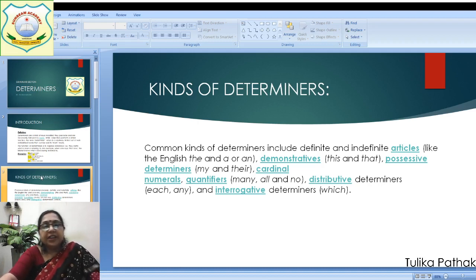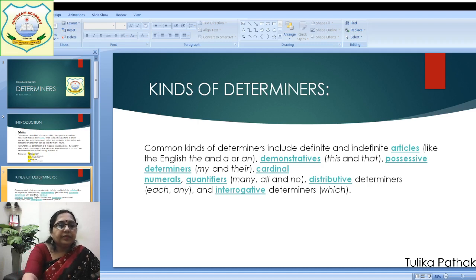Cardinal numerals, I told you, 1, 2, cardinal, first, second. Quantifiers, many, all. Distributive determiners, each, any. Interrogative determiners, which, what.